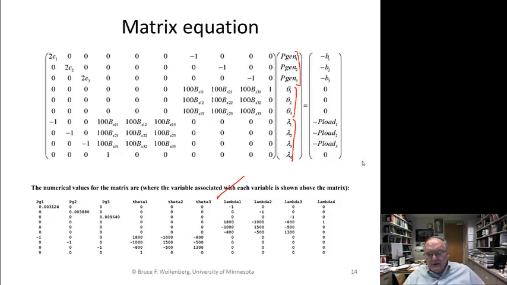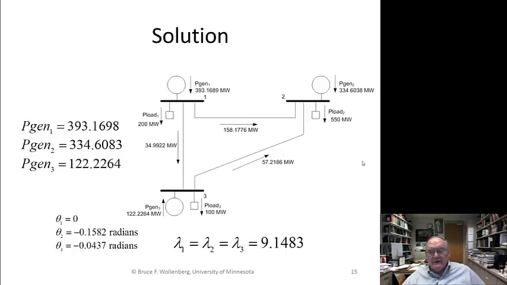And I just put that into a MATLAB program and said, give me the solution. And there's my solution. It gave me these 3 generator variables that are in limit. And it turns out that this is a very significant conclusion, that the lambdas are all equal. I'm going to talk about that in a minute.